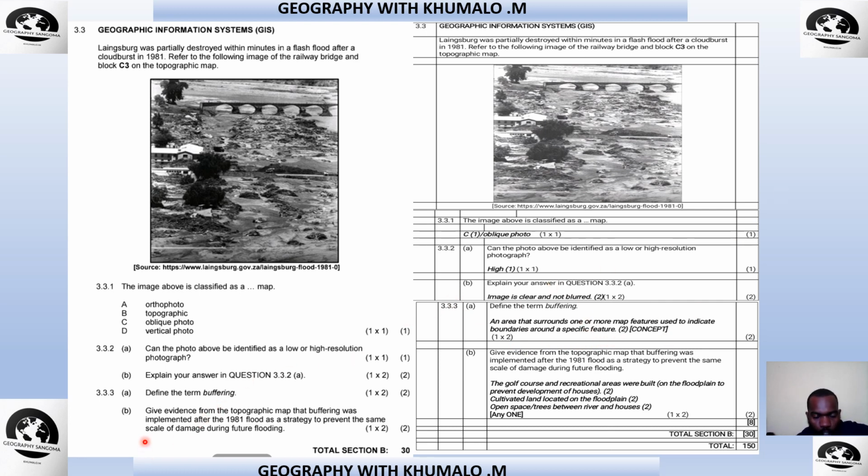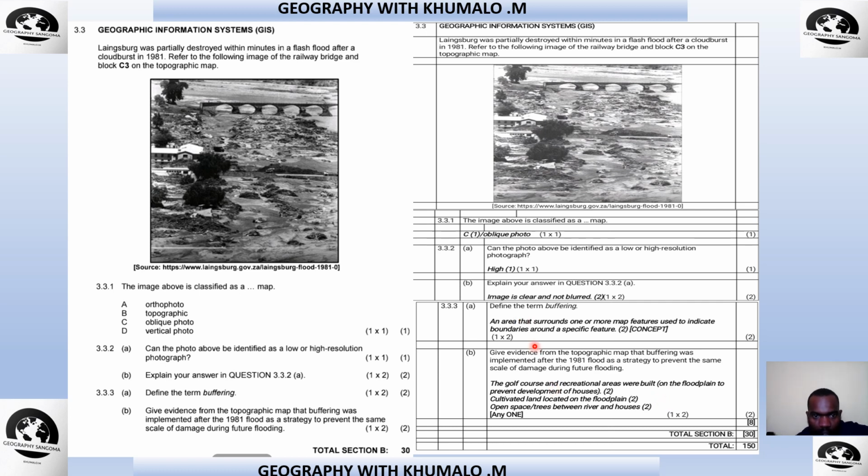And then the last question there: give evidence from the topographic map that buffering was implemented after the 1981 flood as a strategy to prevent the same scale of damage during future flooding. The golf course and the recreational area were built in the floodplain to prevent development of houses.